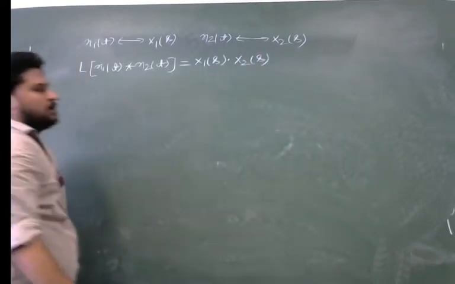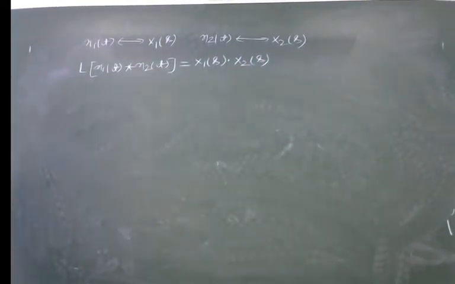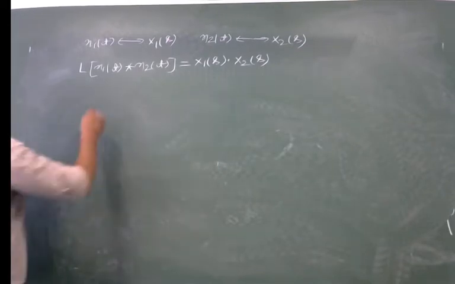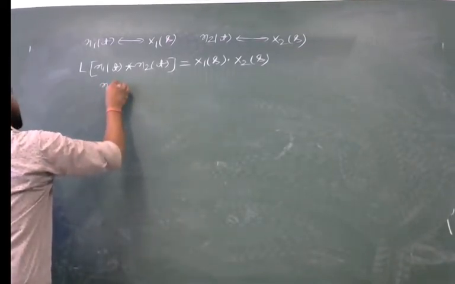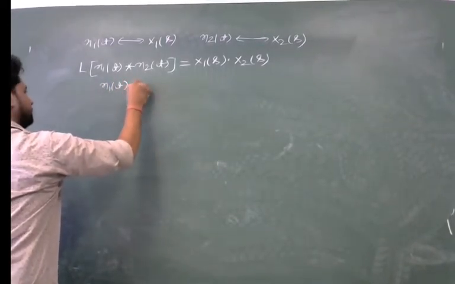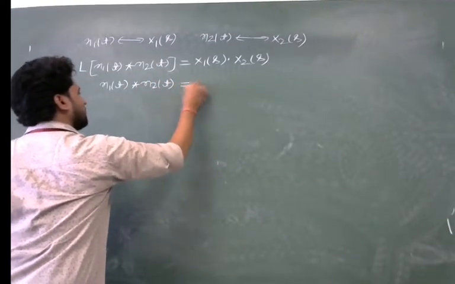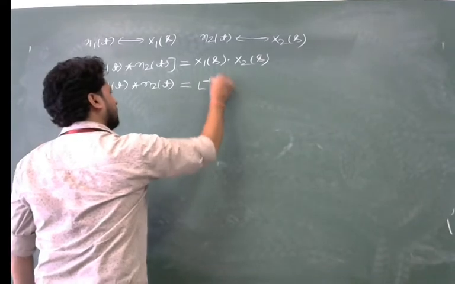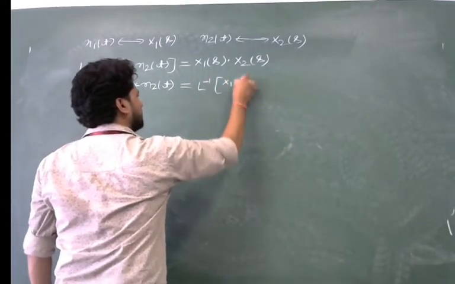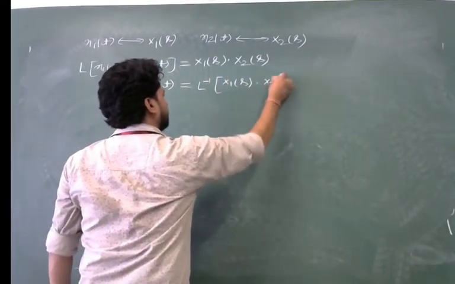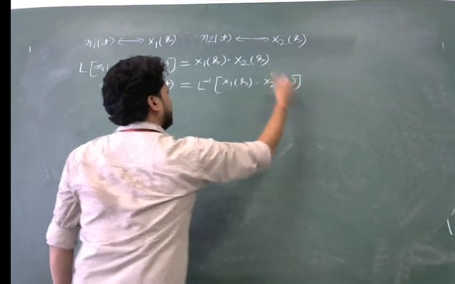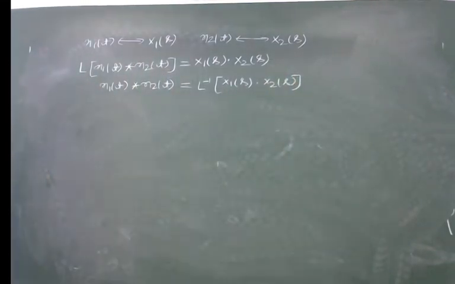This is the convolution property of the Laplace transform. And by using this relation, we can find the convolution of x1t and x2t as the Laplace inverse of x1 of s into x2 of s. We can use this relation to get the convolution of two given signals.